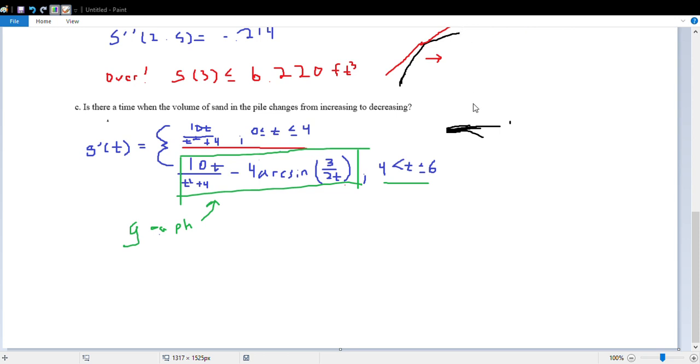Press the wrong thing there. Okay, so here's an image of the graph.